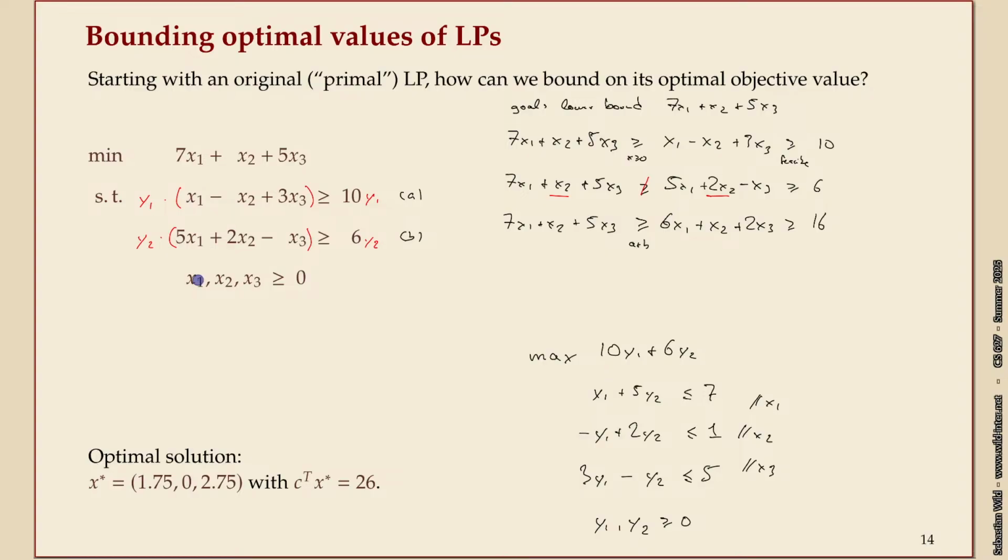If, say, x1 had been allowed to be negative, then I can only get a valid bound if the coefficients are equal to 7. So you're playing a game where you try to get a lower bound for the objective function, and that game turns out to be another LP, and that's exactly the dual LP.